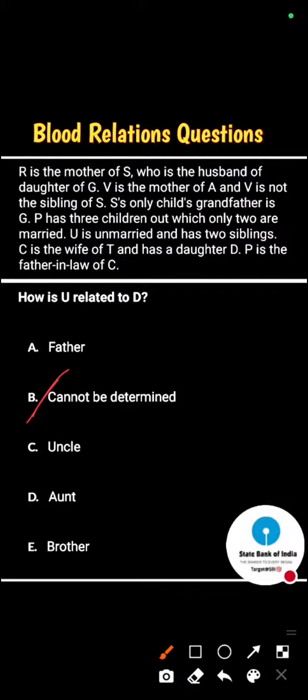G and P are married. Do you see the statement that V is not the brother of S? P and G are married.